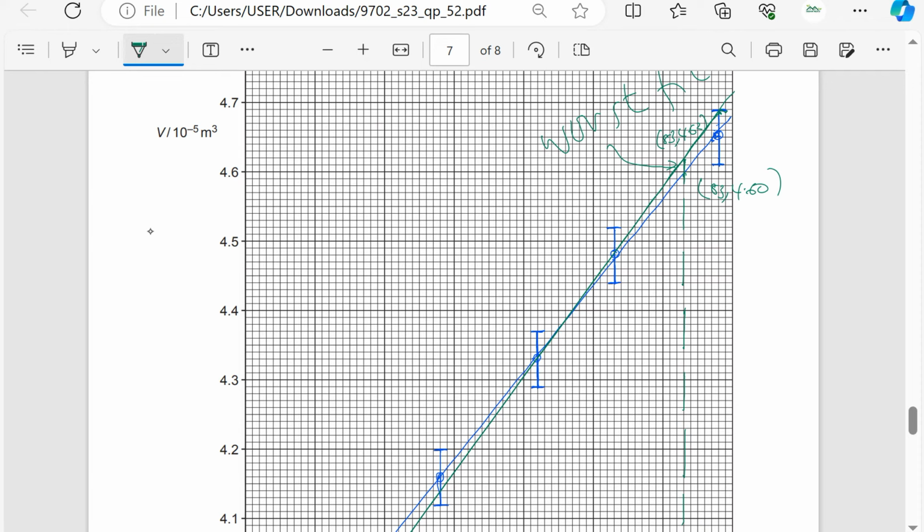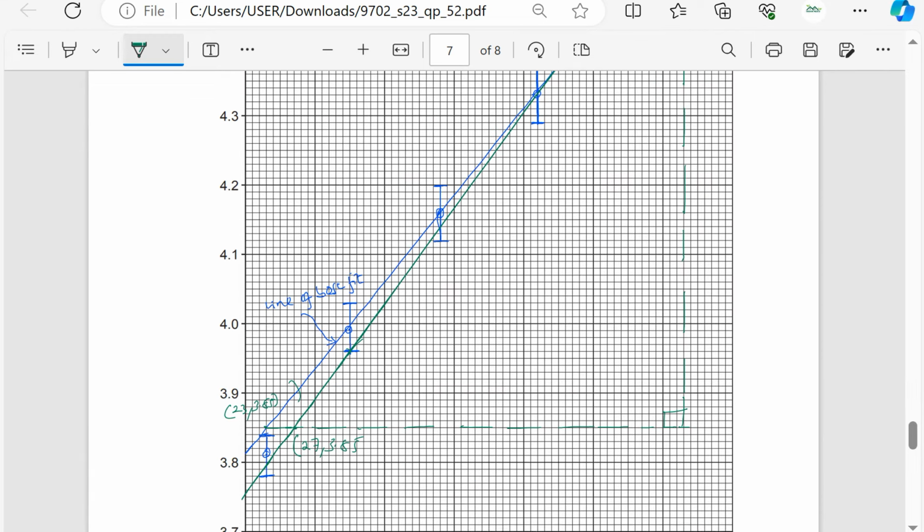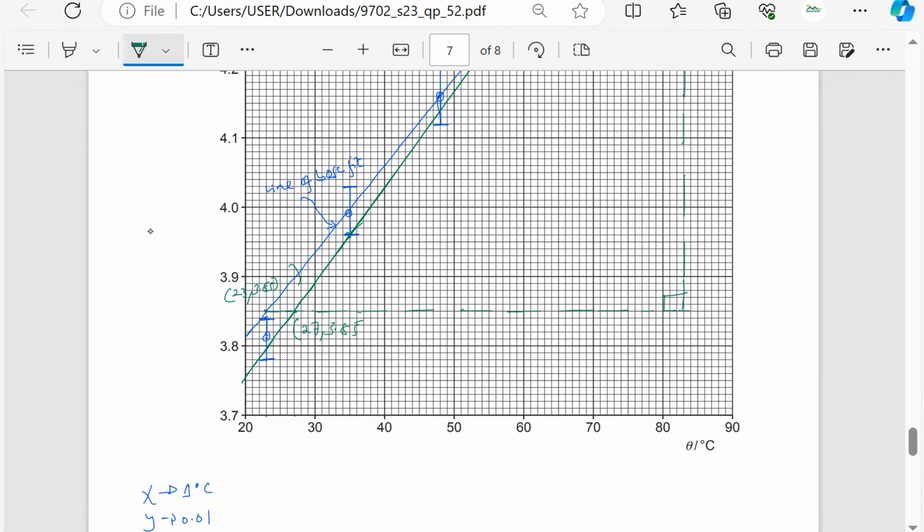X2 is 83 and 83, Y2 is 4.62 and 4.60. X1 is 23 for blue, 27 for green. I'll just write them down so that it is easy for me.